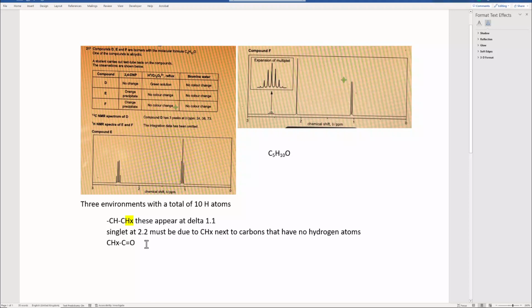We've got here a signal at around 2.6. Now let's have a look. It's been expanded. Now you see this signal at 2.6 is 1, 2, 3, 4, 5, 6, there are 7. It's split into a septet.